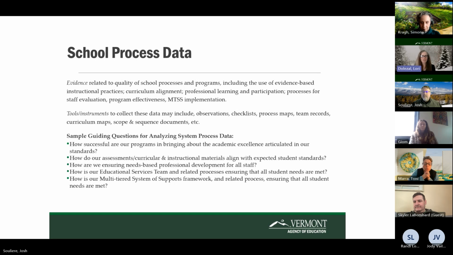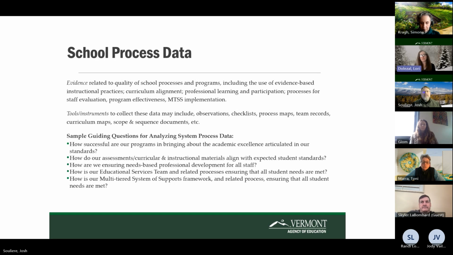And then some of the instruments you might use include observations, checklists, process maps, curriculum maps, team records, scope and sequence documents, professional learning plans, etc. And some of the questions these data could answer include: how successful are our programs in bringing about the academic excellence we would like to see in our standards?